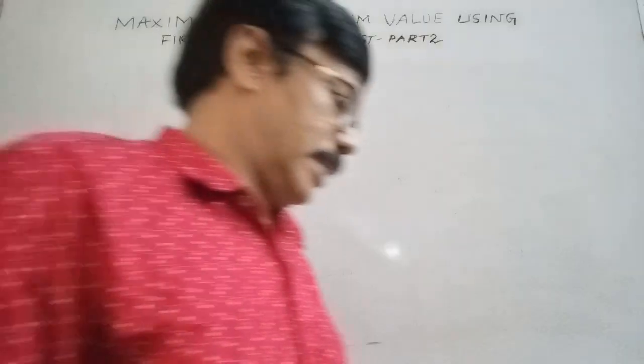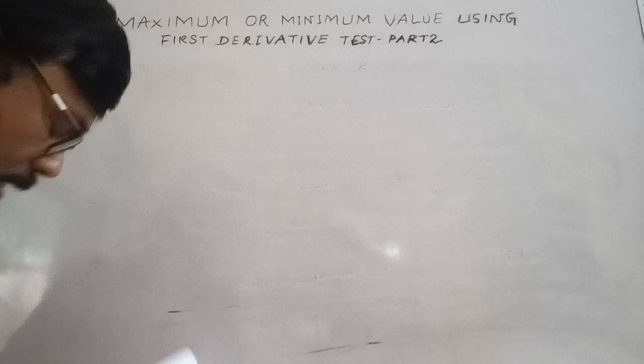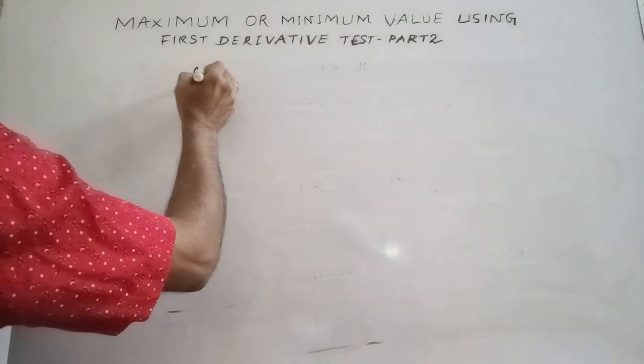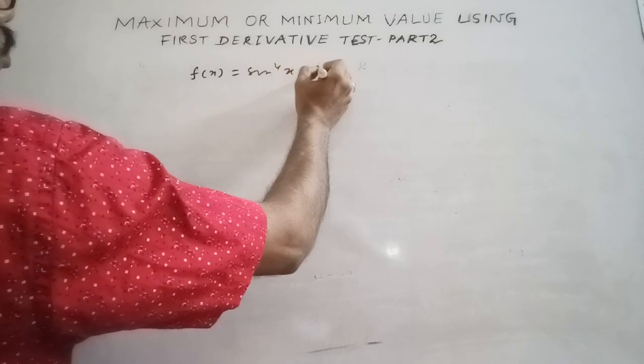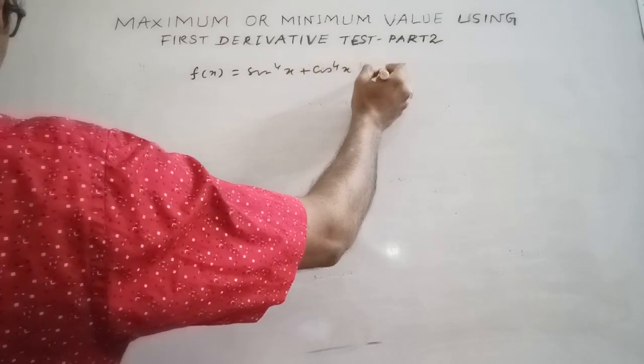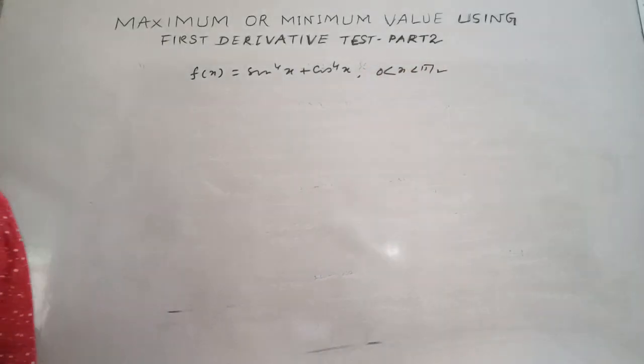Now we take an example of a trigonometric function. f(x) equals sine to the power 4 x plus cos to the power 4 x, where 0 is less than x less than pi by 2.